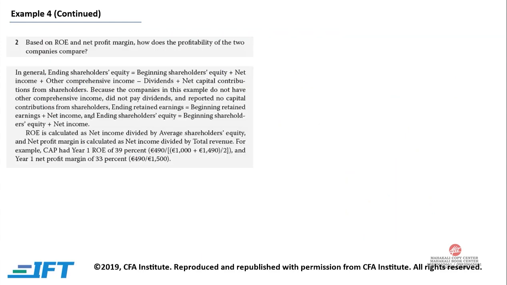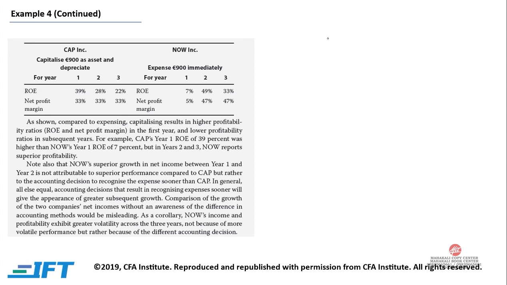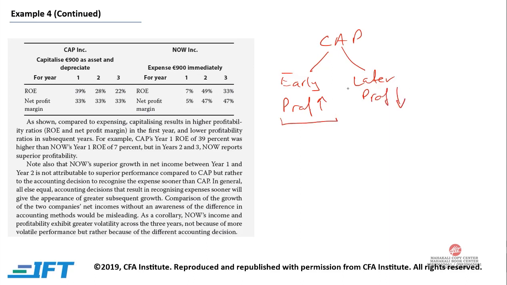Based on return on equity and net profit margin, how does the profitability of the two companies compare? Now, as we have mentioned before, if we capitalize, early year profitability is higher, later profitability goes down. Why is early profitability higher?